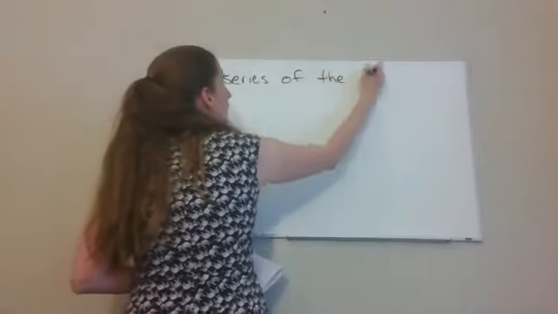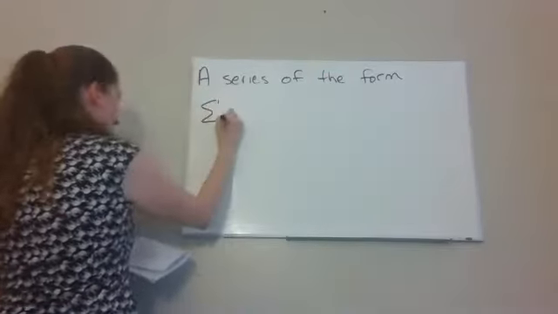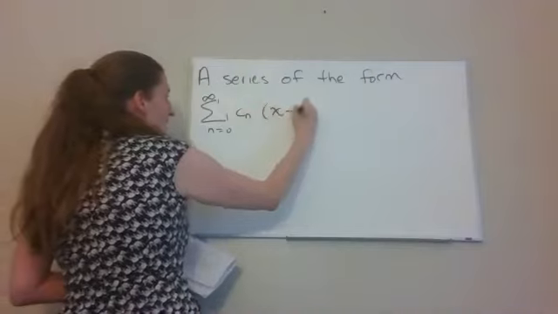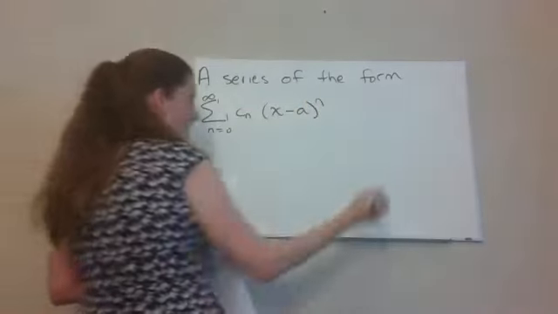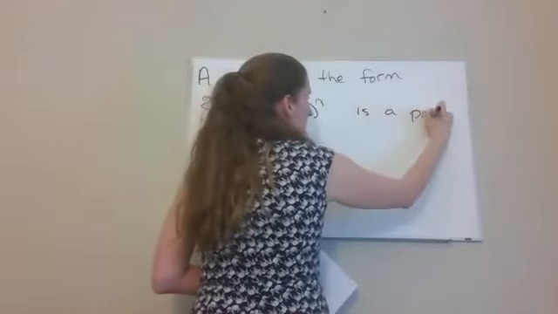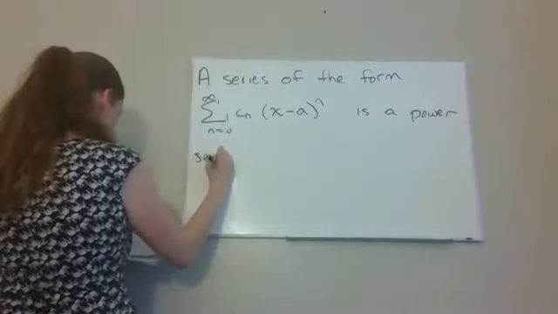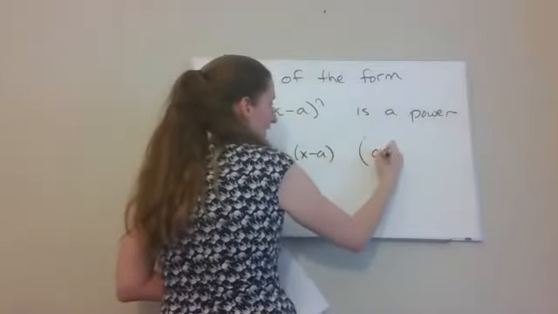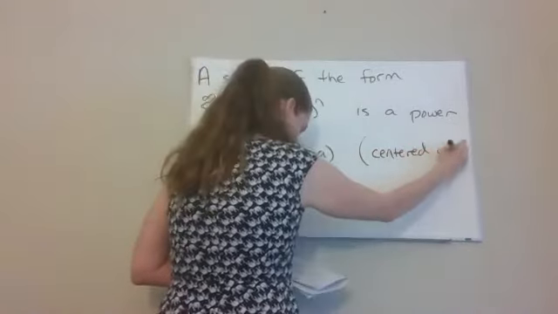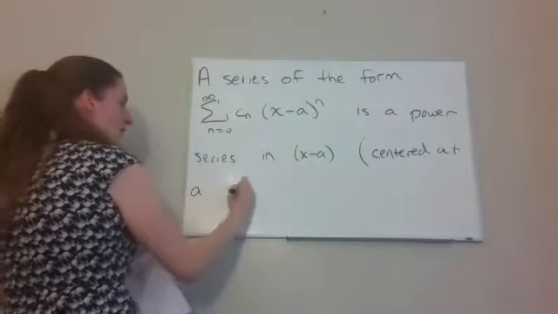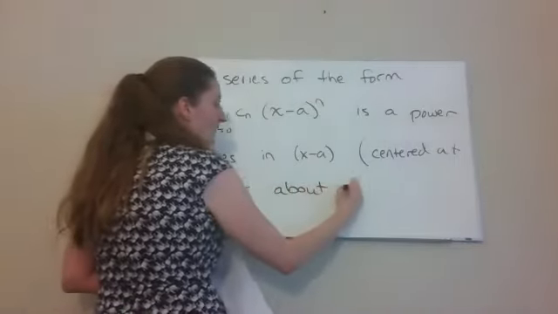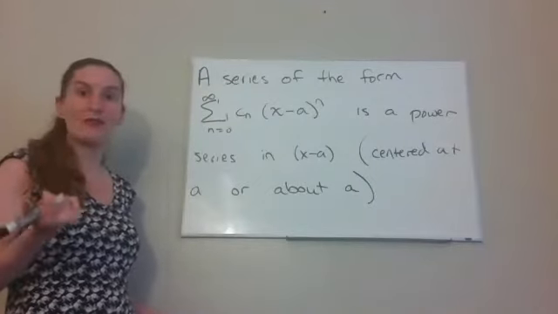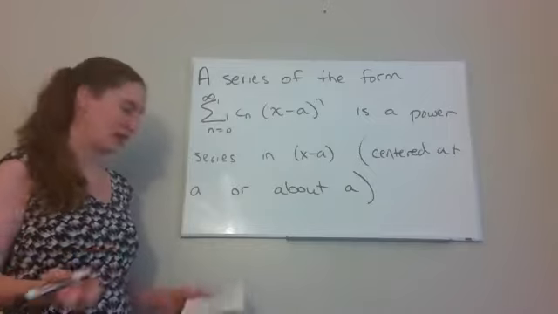A series of the form sum from 0 to infinity, Cn times x minus a to the n is a power series in x minus a, or sometimes we say centered at a, or sometimes we say it's a power series about a. All of those mean the exact same thing. It's still a power series because we have a variable x. We're just shifting it slightly.